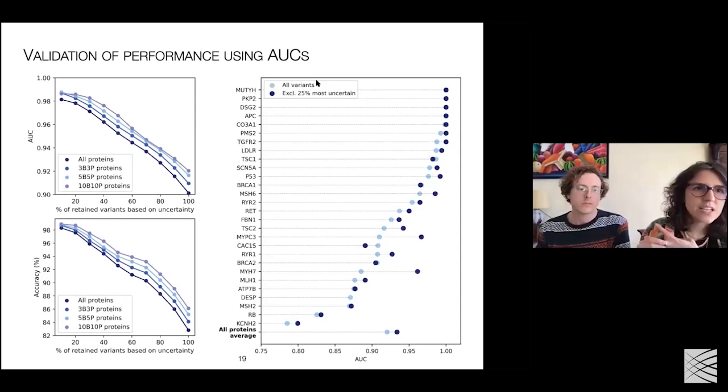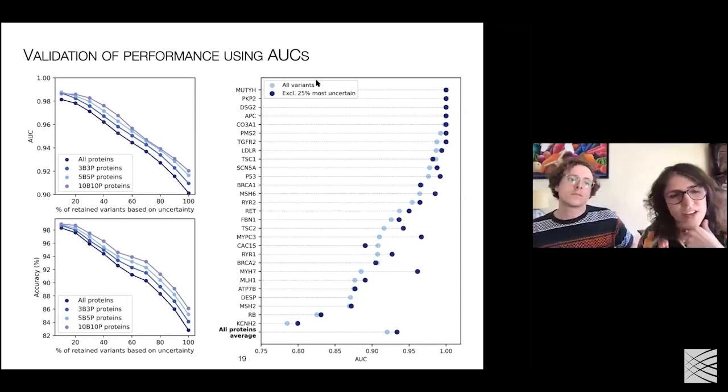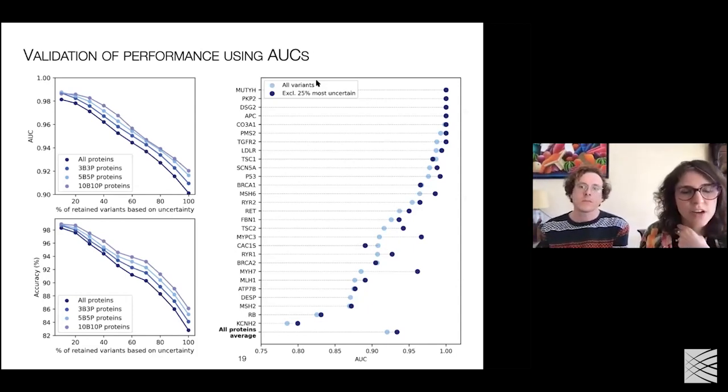So if I only classify my most certain variants, I can get very high accuracy. And for what follows in our results, we are going to use an accuracy of 90%, just because that is usually used by the ACMG as a goal for predictor models.